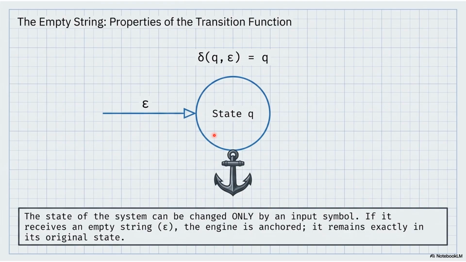So how do we represent the transition function for the empty string? Del of q comma epsilon is equal to q. That means if a DFA receives an empty string, it remains in the same state. The empty string is represented as epsilon.